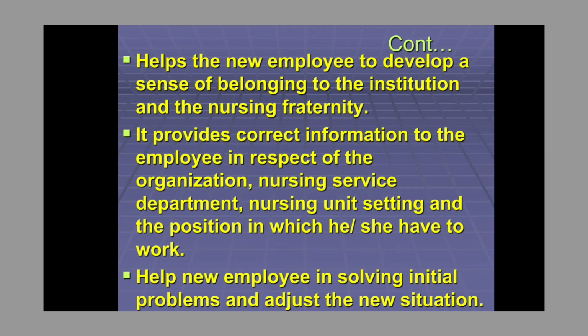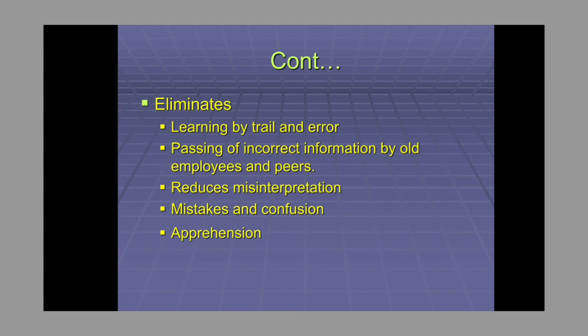We know that each employee is coming from different situations and a different learning experience. So they have to adjust with the new system or new practices, new policies of that institution. Then what do we have to eliminate?